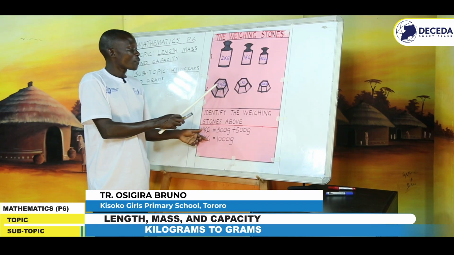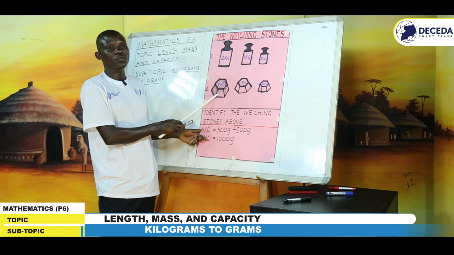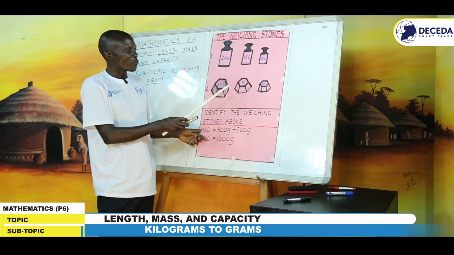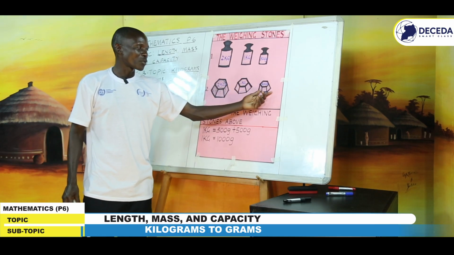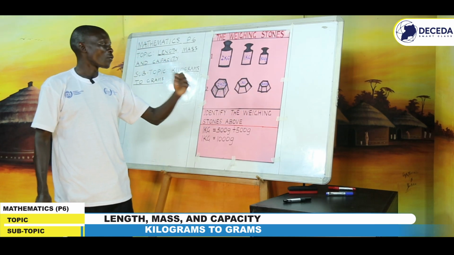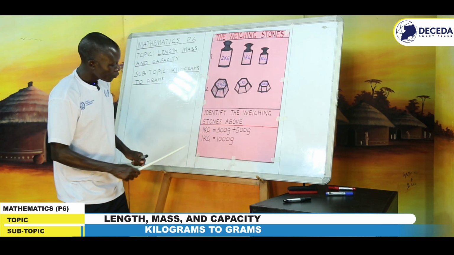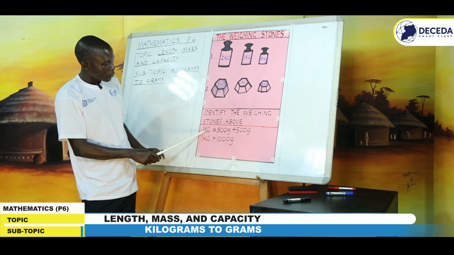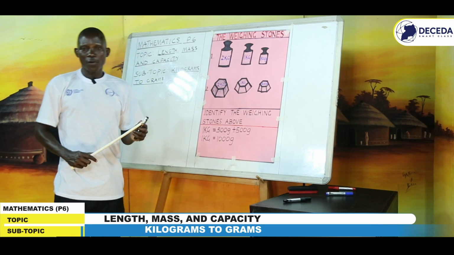Since the first stone with 2 kilograms is twice the second one, this makes this one 1. Therefore, the last stone that measures 500 grams, 2 of them also will make 1 kilogram. Can we look down? 1 kilogram, therefore, will make 2 of 500 grams.